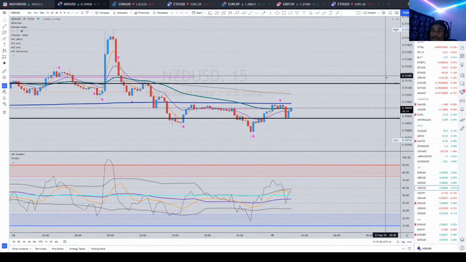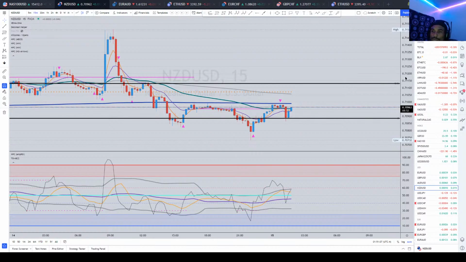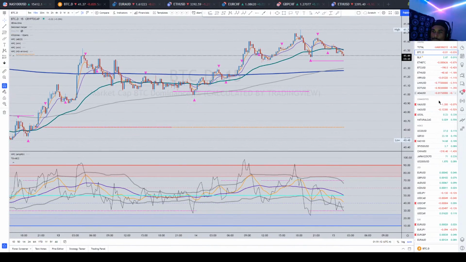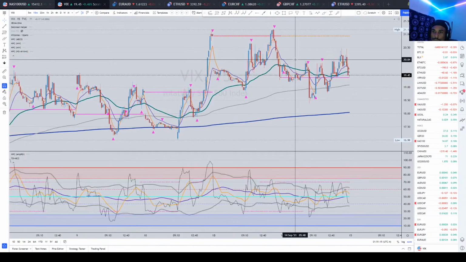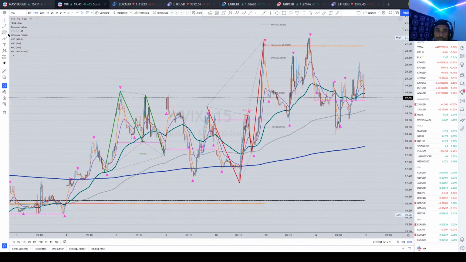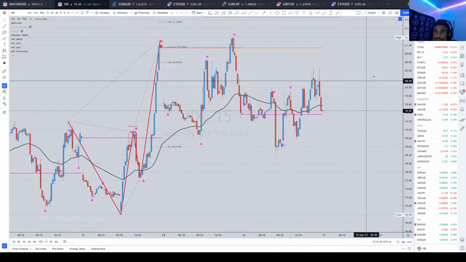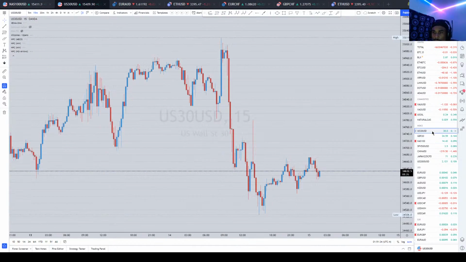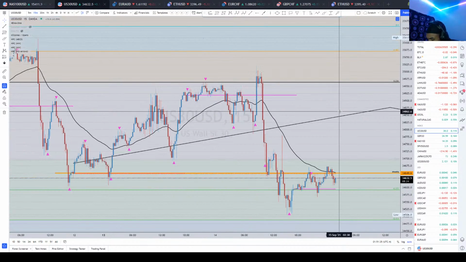So what I'm looking at right now is pretty much how the markets are moving. You know what I'm saying? What's happening where? What's causing what to shift? The main thing I like to look at are your indices.